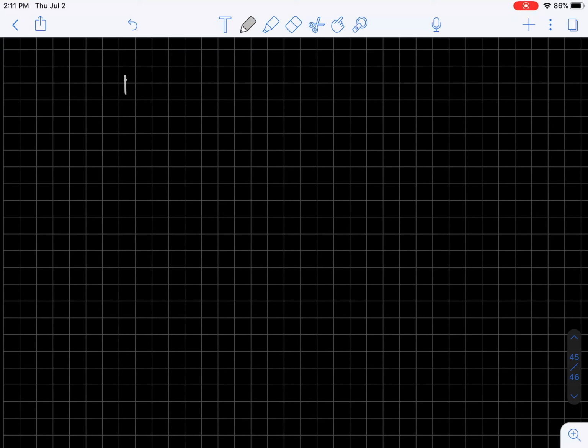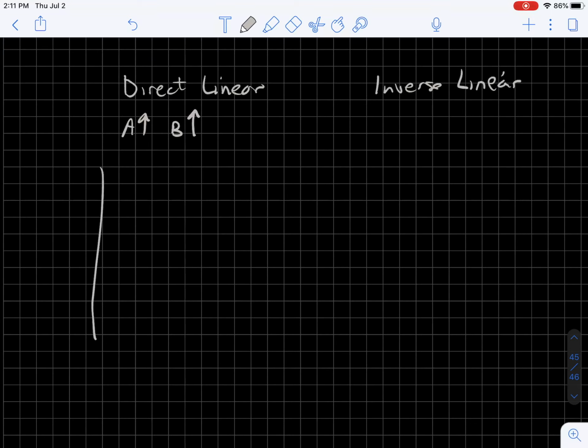Last part. They think you remember the difference between a direct linear relationship versus an inverse linear relationship. Okay. In a direct relationship, as quantity A goes up, so does quantity B. Now in biology, we would call A the independent variable and B the dependent variable.